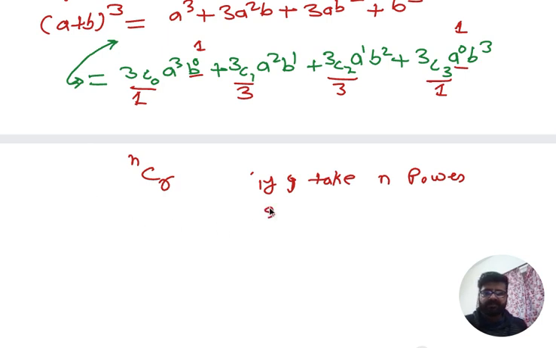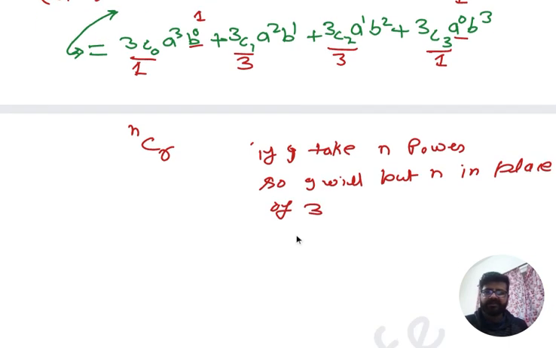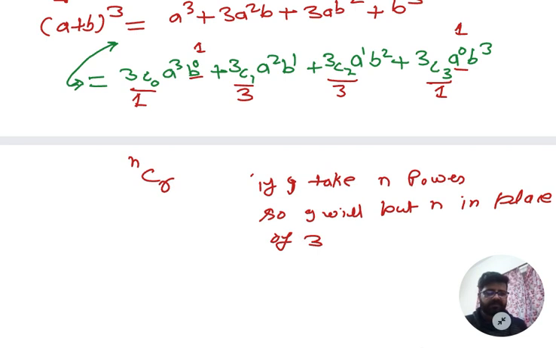So I will put n in place of 3. Okay, now look here, (a plus b) to the power n, then the expansion will be nC0 a to the power n b to the power 0 plus nC1, and the power of a will decrease.